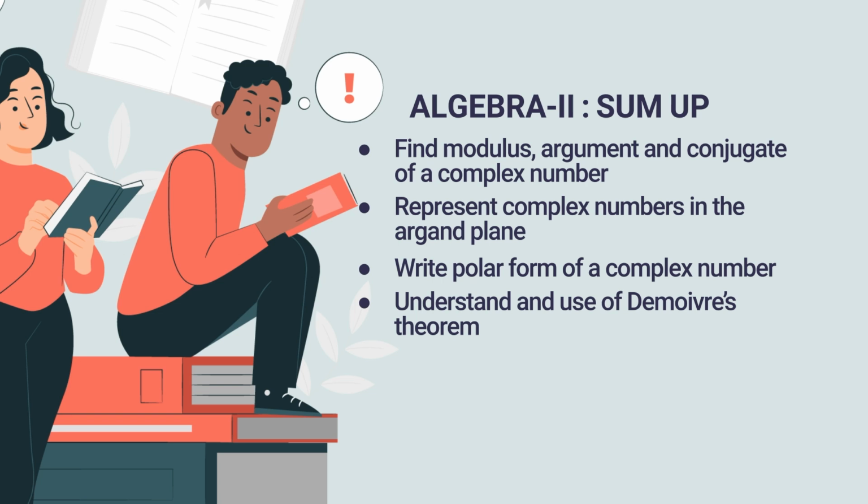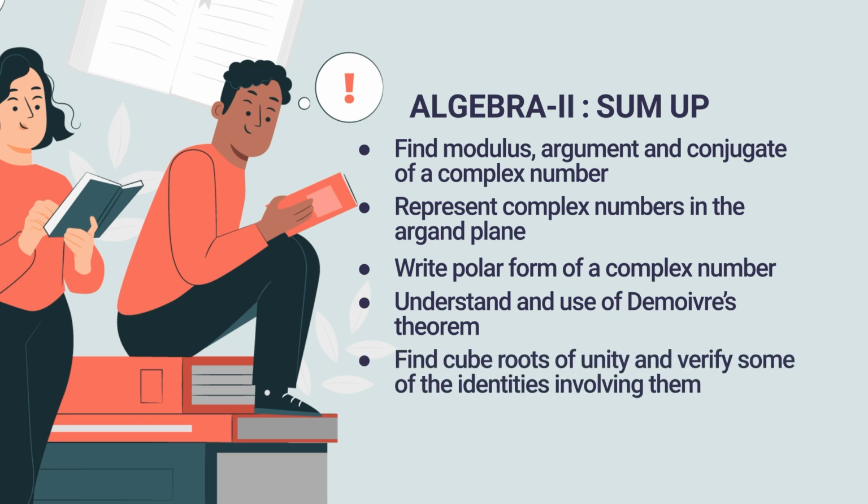We also learned the concept of cube root of unity. This concept is very important and very frequently asked in examinations, and you are supposed to solve the problems given in the self-learning material using the properties of the cube root of unity.